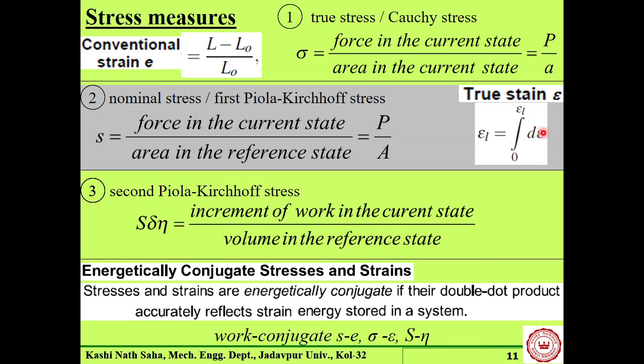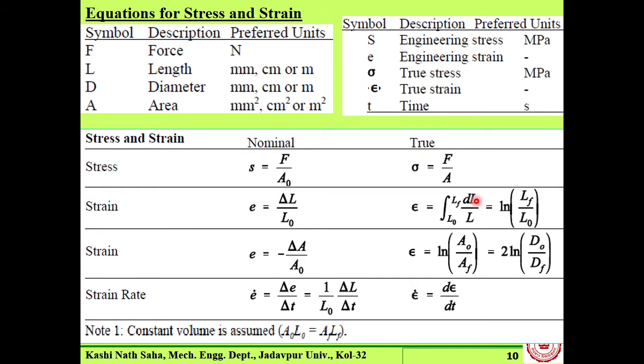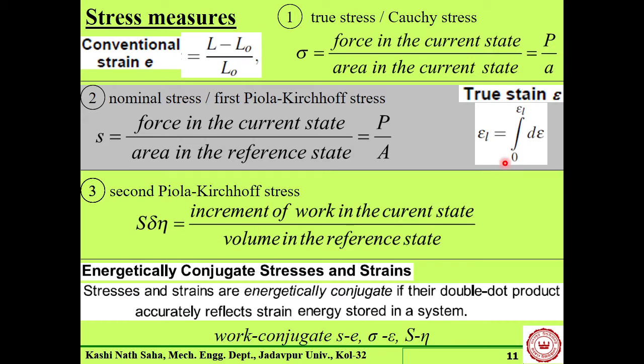If we measure this d epsilon, meaning dL by L, we will get the true strain. So this is true strain. As well as there is the conventional strain, change in length by original length. This is the measure through the original or reference area.